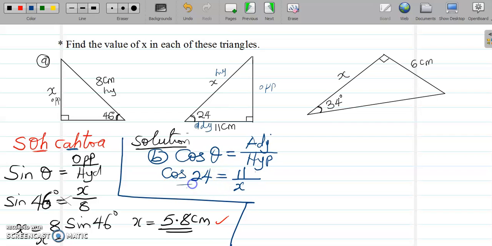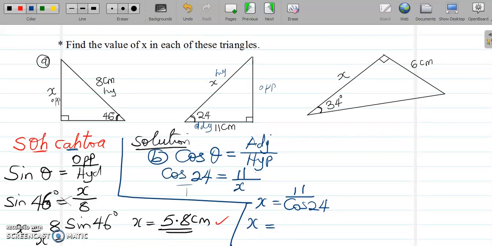If I cross multiply, x will give me 11 divided by cos 24.